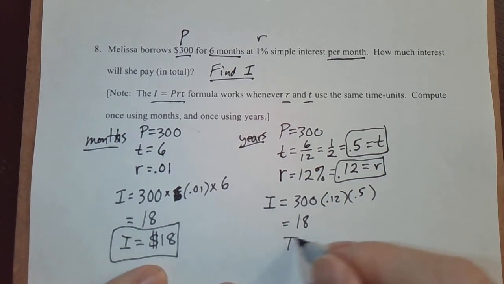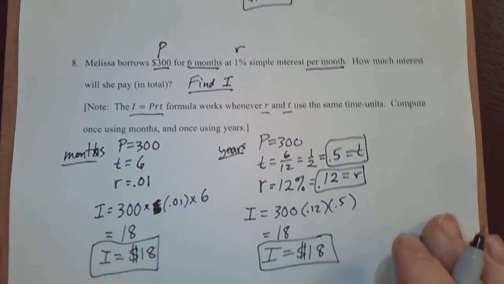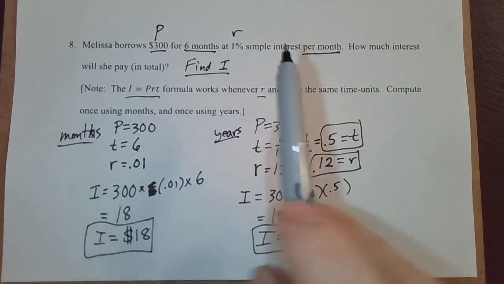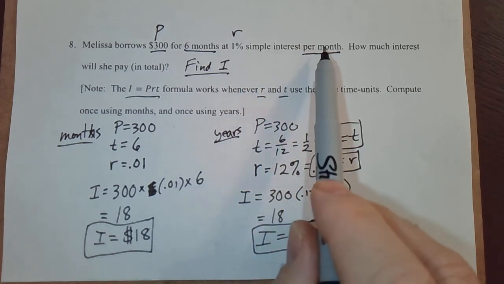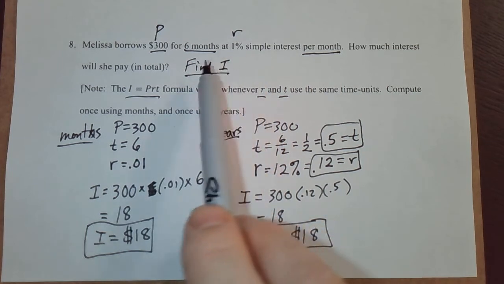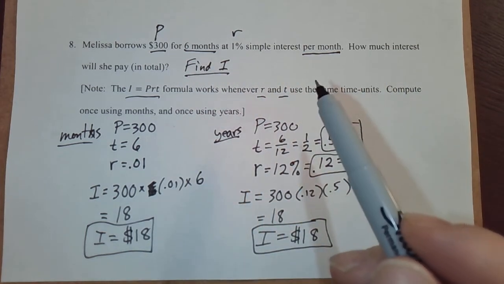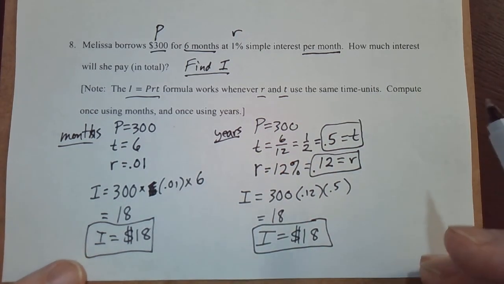So I is equal to $18. So you just need to make sure that you're consistent with the units of time in your interest rate, and 99% of the time it's going to be an annual interest rate. So they're not going to give it to you in 1% per month. They might once in a while, but it'll be very rare. It's almost always going to be in an annual interest rate.